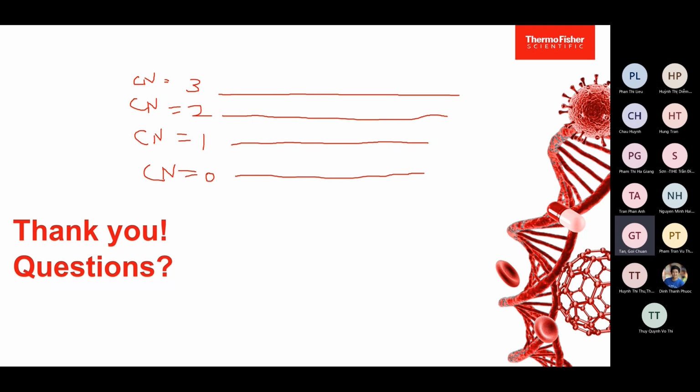For instance, for this gene A, we have like 100 probes, right? It's normal, so we have 2 copy number.